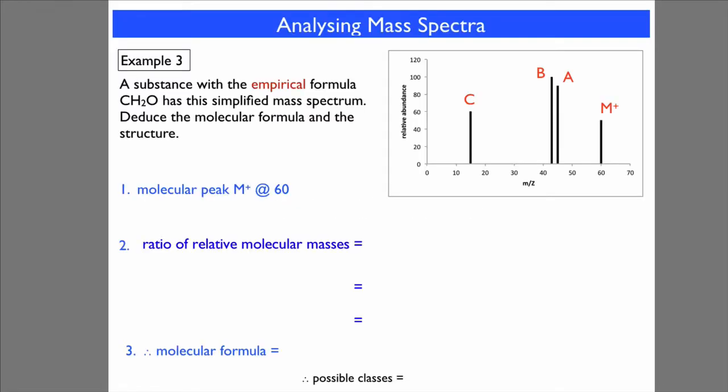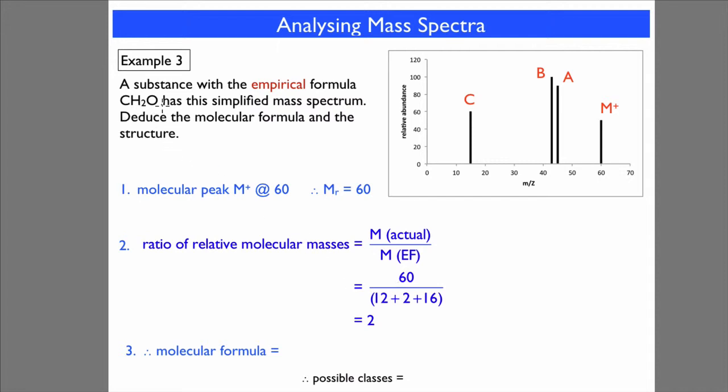Example 3. A substance with the empirical formula CH2O has a simplified mass spectrum. Deduce the molecular formula and the structure. Well, the molecular peak M+ is at 60. So the ratio of relative molecular masses here: the actual is 60, and we can add it up.